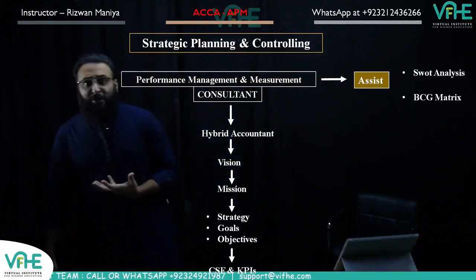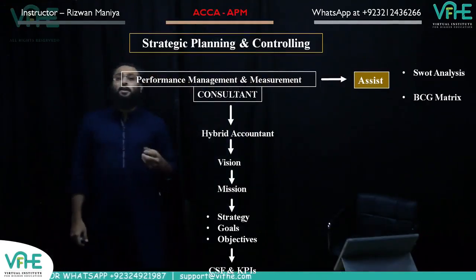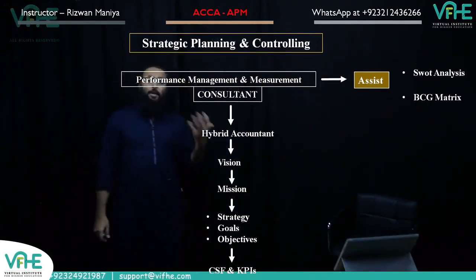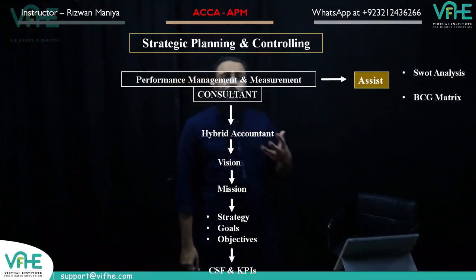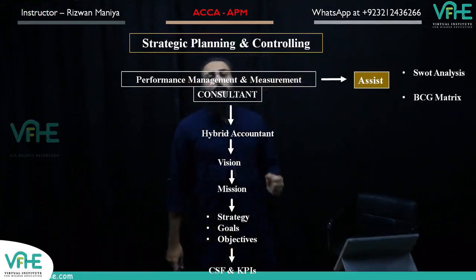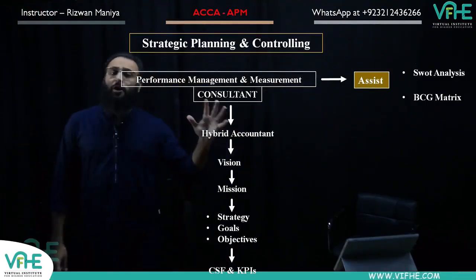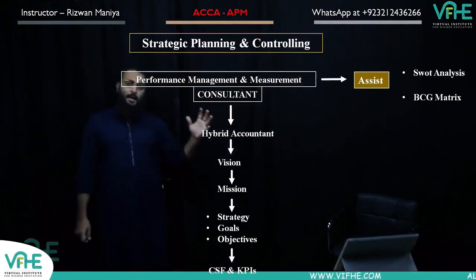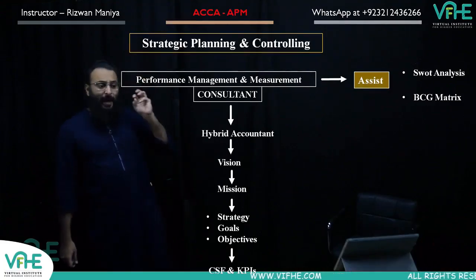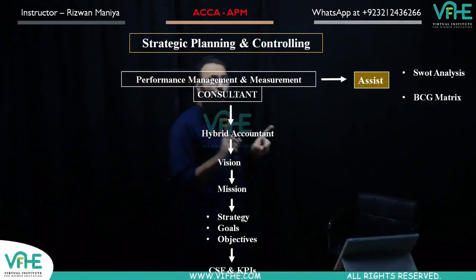What is BCG? BCG is a matrix which is used for product portfolio analysis and also for division analysis as well. There are 4 major areas: stars, cash cows, problem children and dogs, and you plot these using 2 criteria.